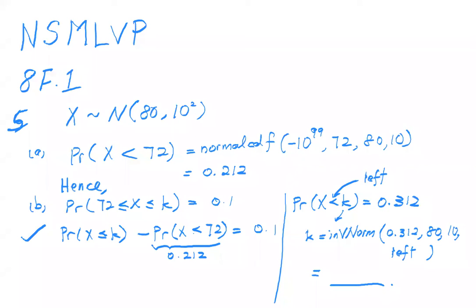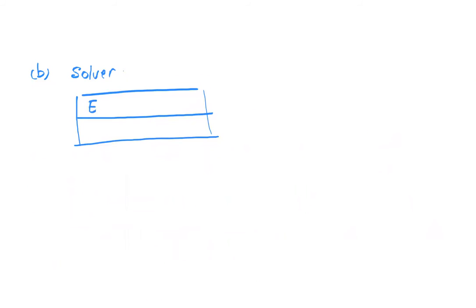So if they didn't say hence, then we have another alternative of doing things. Okay, I don't know whether it works or not because I haven't tried before. So you can use solver. So you go to your numerical solver. So you have 2 parts, right? One is E1, the other one E2, correct?